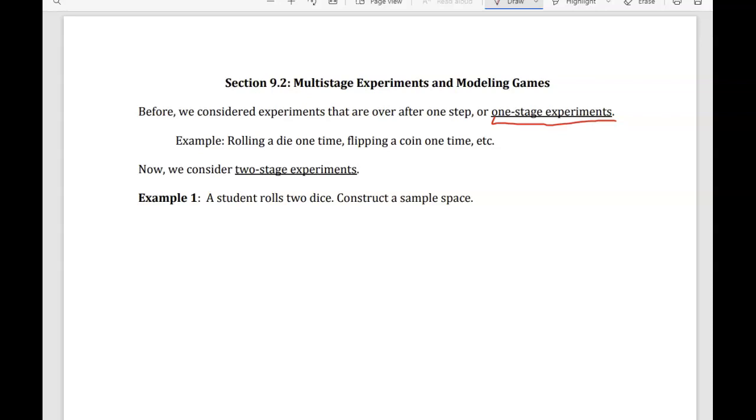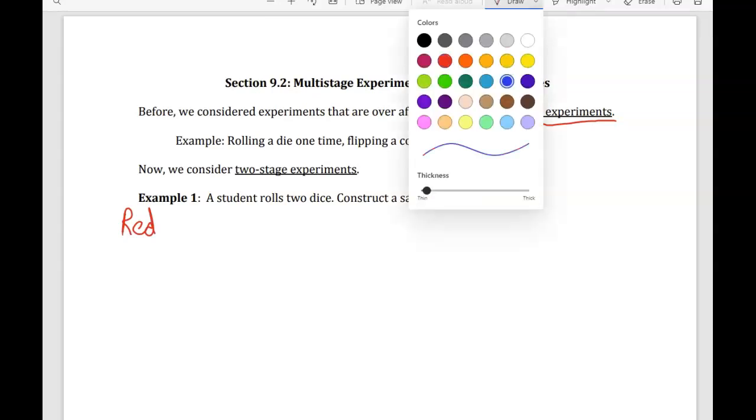If you think about a student that rolls two dice, we can construct the sample space in multiple ways. Let's say that we roll a red die, and then we also roll a blue die.